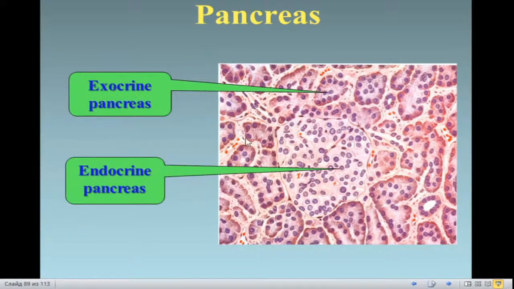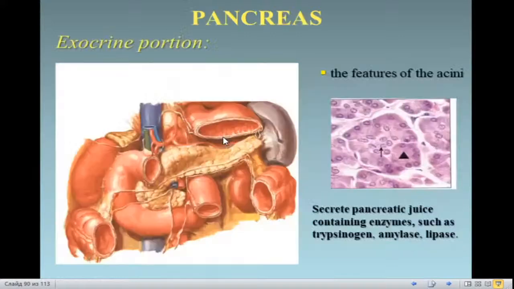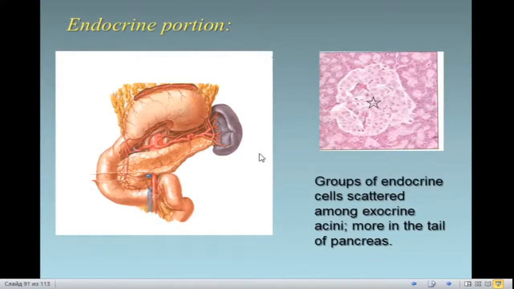So here is how the exocrine and endocrine parts of the pancreas look. The exocrine portion of the pancreas is responsible for production of pancreatic juice, which joins with the bile in the hepatopancreatic ampulla and exits to the duodenum.